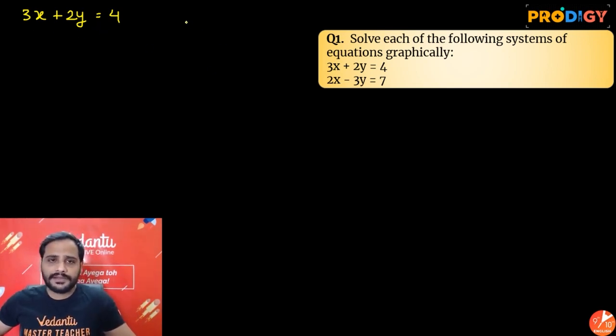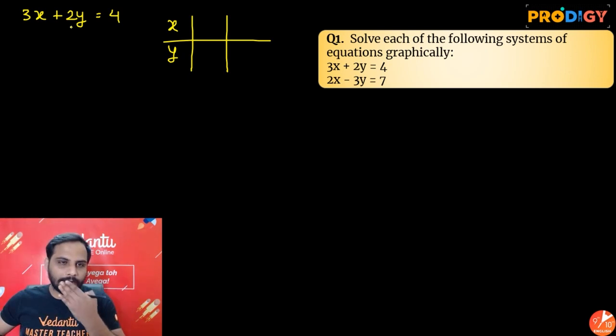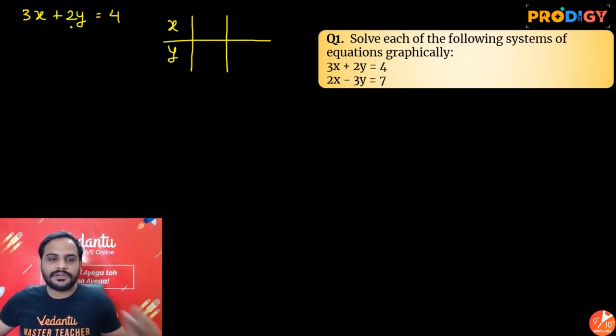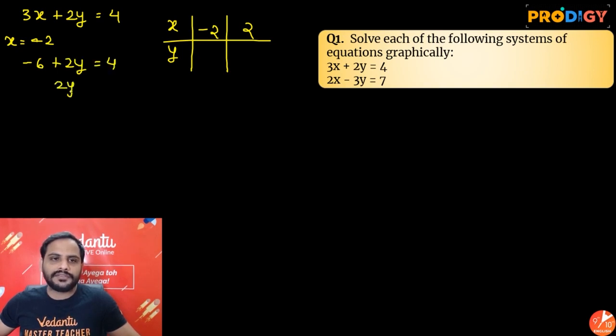So first, let's get the solutions for x and y. I'll assume values of x, because divisibility by 2 is easy. Let's put x as minus 2 first, and then 2. If x is minus 2, then 3 into minus 2 is minus 6, plus 2y is equal to 4, so 2y is equal to 10, and y is equal to 5.